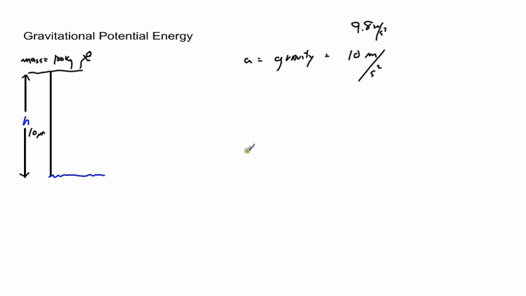Well, in our last slide, we said that energy cannot be created or destroyed. And I'm going to tell you something else right now. That total energy, total E, is equal to kinetic energy plus potential energy.